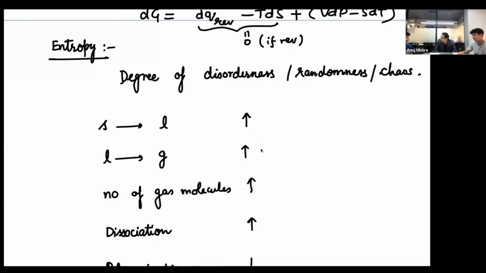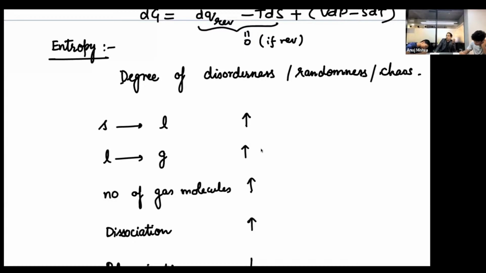Acha. Yeah. So music. Solid to liquid, what will happen? Can we say entropy will increase? Liquid to gas, entropy will increase. Okay. So symbol, capital S. Gas molecules are increasing, what will happen?